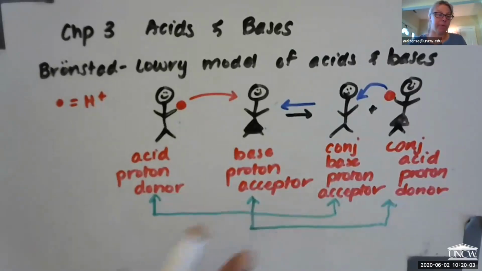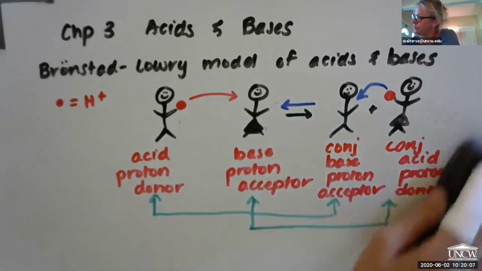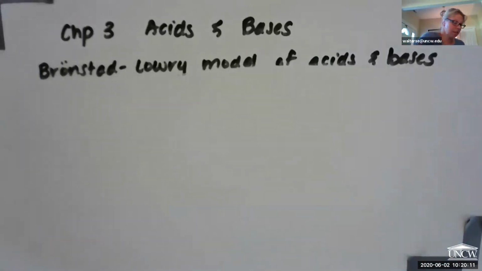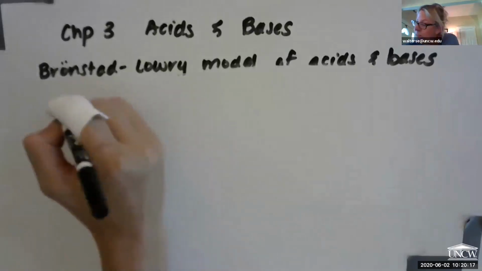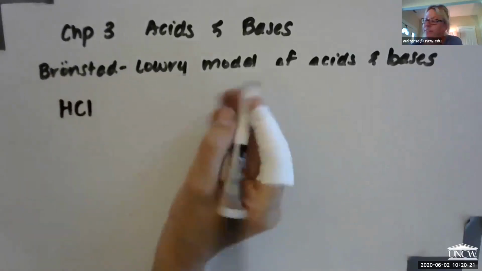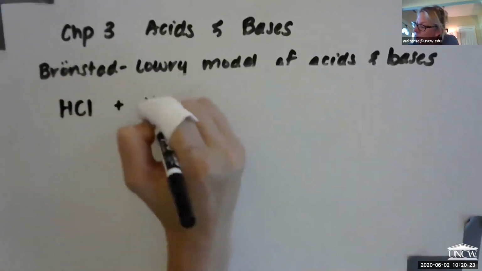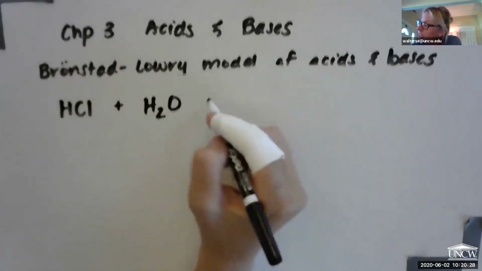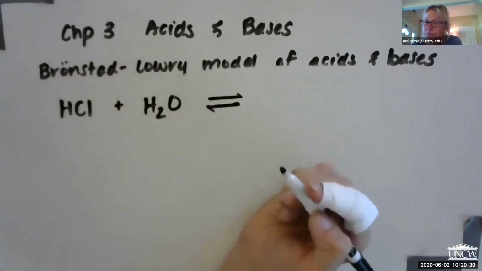Now, if instead we don't look at people playing catch, we look at a chemical reaction. We're going to say that we have HCl, and we're not going to worry about phases right now, reacting with water. And like I said, we're going to keep the equilibrium arrow for a while.